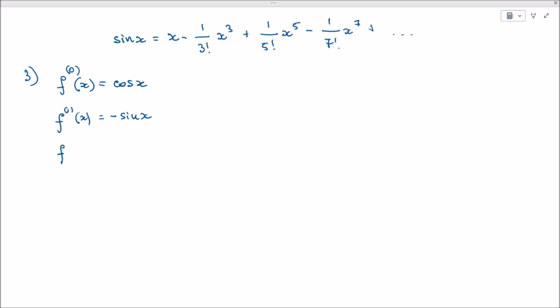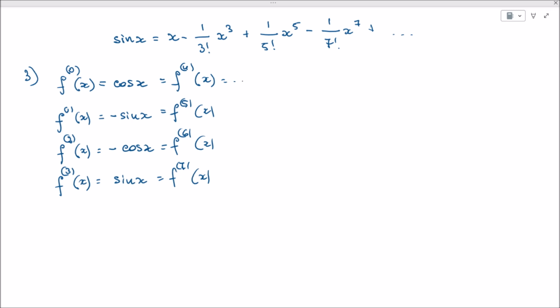The derivative of order 3 gives sine of x. And if we go to the derivative of order 4, we are back to f0 of x. So this would be f4, this would be f5, this would be f6, this would be f7 of x, and again, right? So even in this situation, we see that we have a cycle of 4 derivatives that repeat themselves.